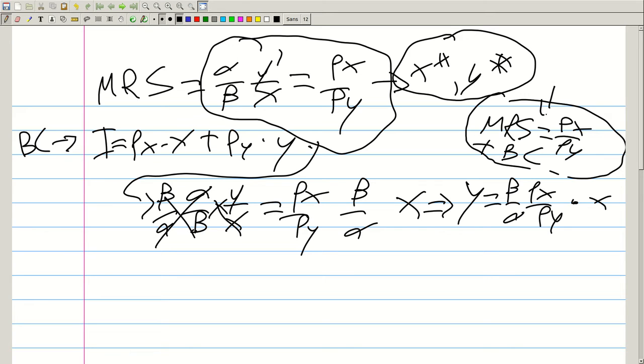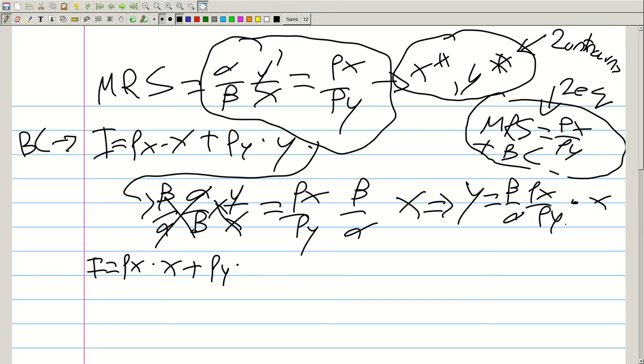And so these are two equations that I can use to solve for these two unknowns. Now that I've simplified this, I'm going to plug it into my second equation, and that should be very familiar given the steps to solve a system of equations. I'm going to plug in for y there with this expression right here.